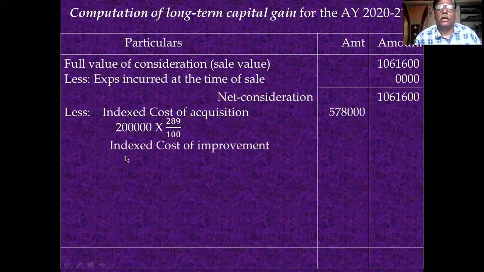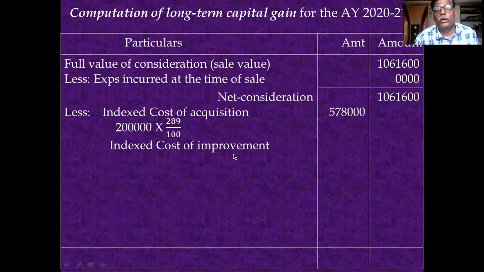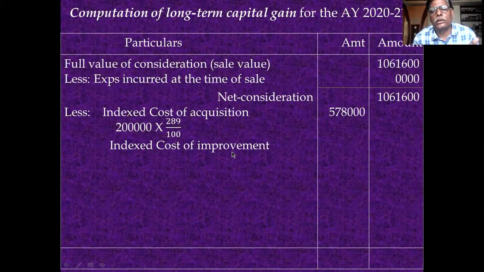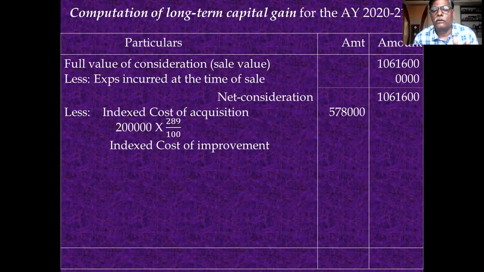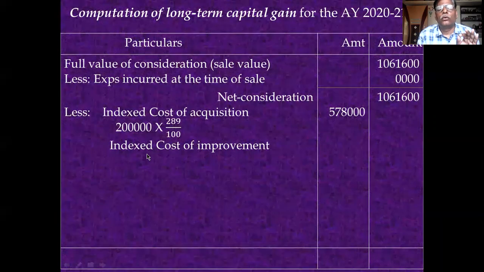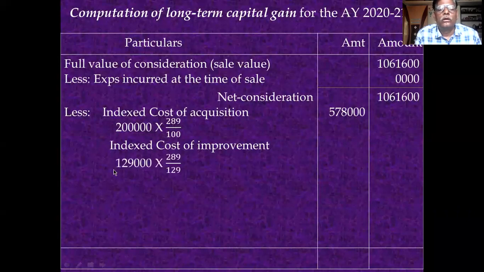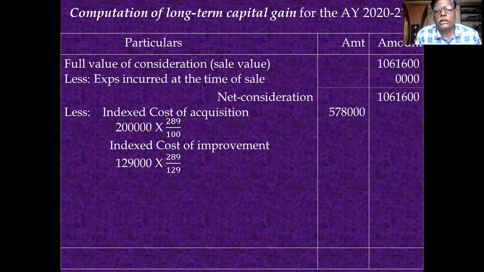Then next is index cost of improvement. Only one comes. If all the three are after 1/4/2001, you take all the three. Remember this. But only one is applicable here because remaining two are not after 1/4/2001. So 1,29,000 is the improvement amount in the year 2007-8.